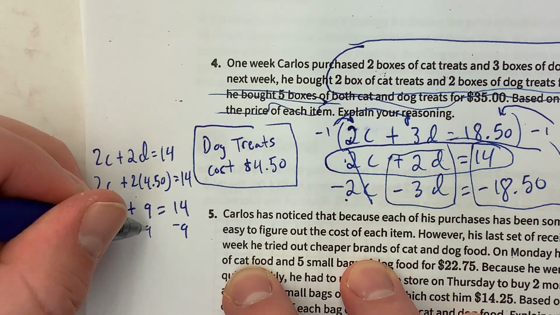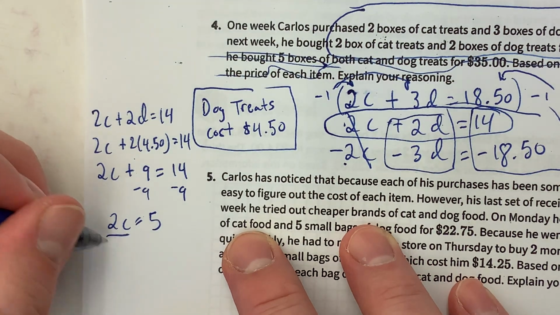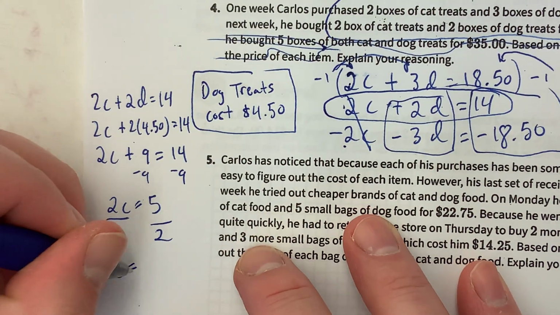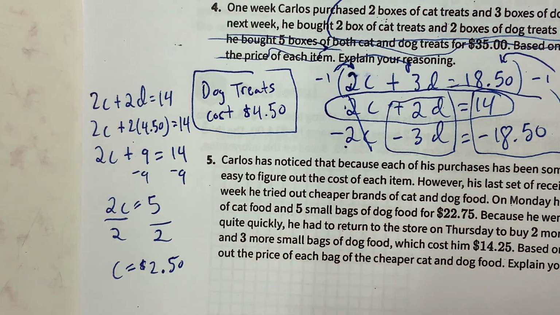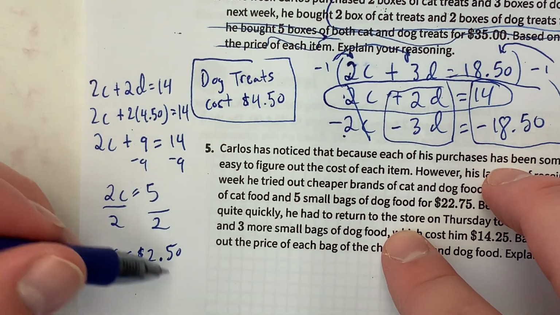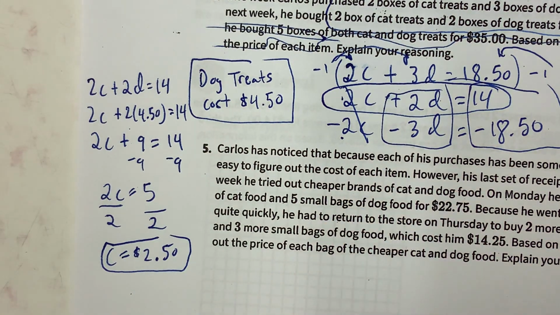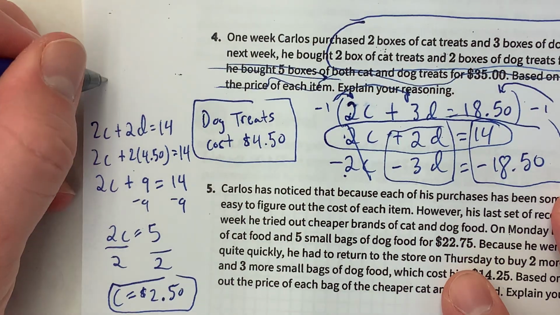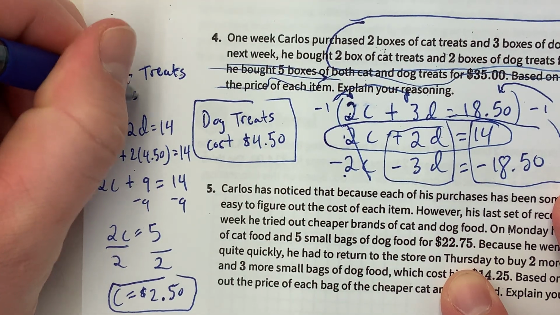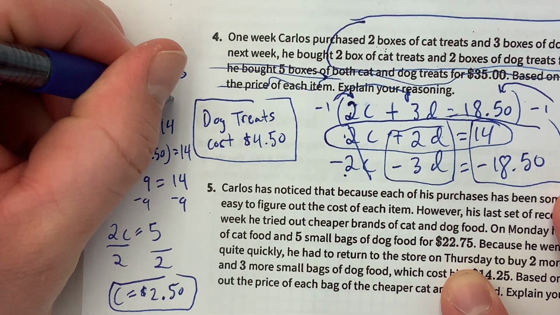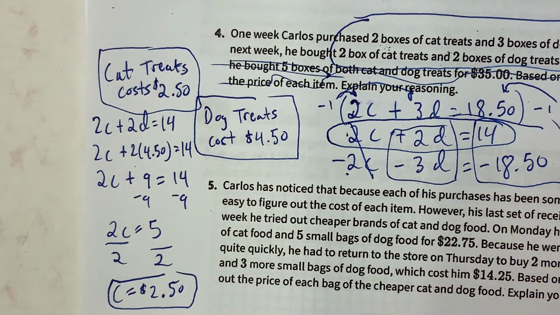Subtract 9 on both sides, and you get 2c equals 5, and then divide by 2 on both sides, and cat treats equal $2.50, because half of 5 is 2.5. So you've got your cat treats and your dog treats. Cat treats cost $2.50. And there it goes.